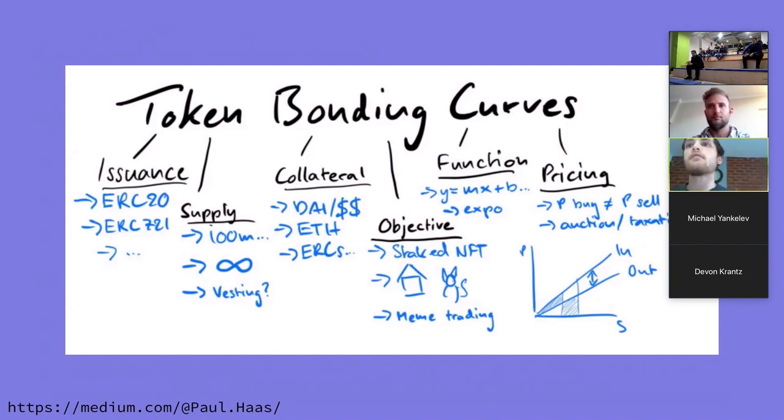So if you have a project where, if people buy into a bonding curve for 10 tokens, and they later sell out to get back their collateral, you don't want that to reduce in value, you could use something like DAI as the collateral.